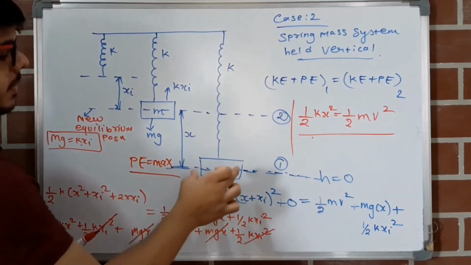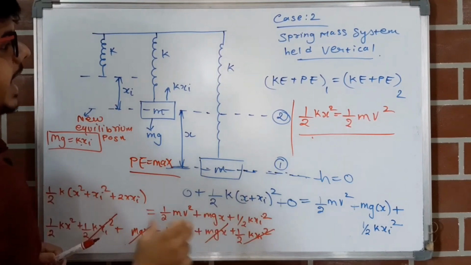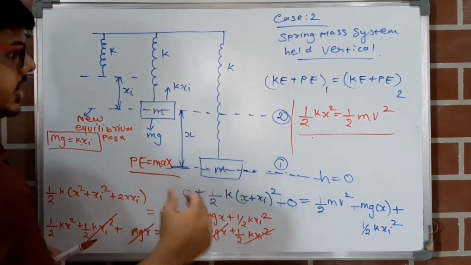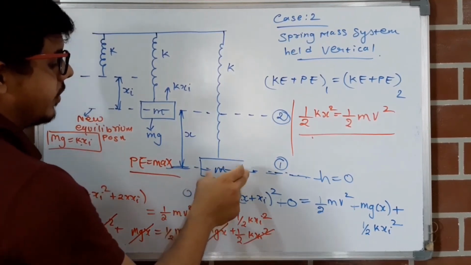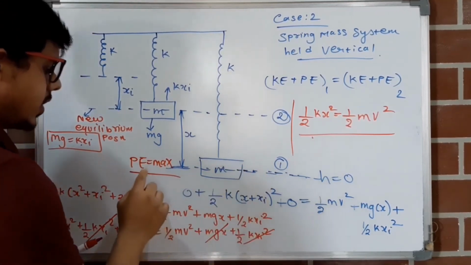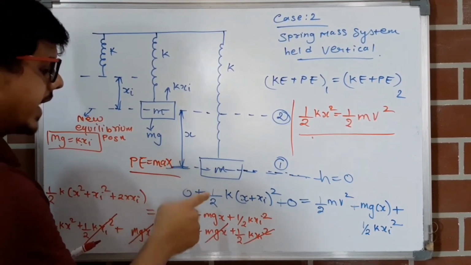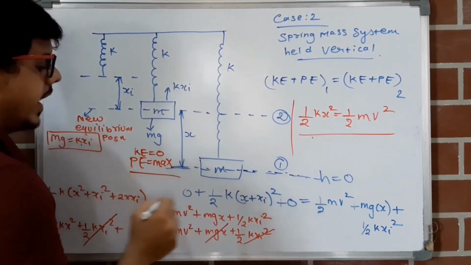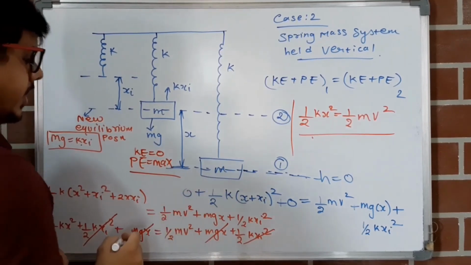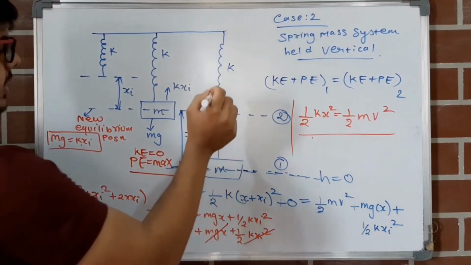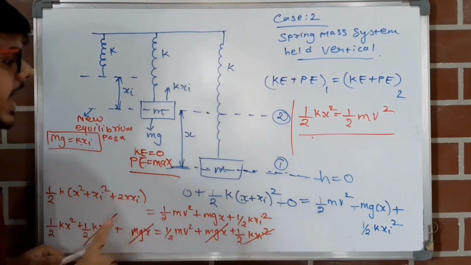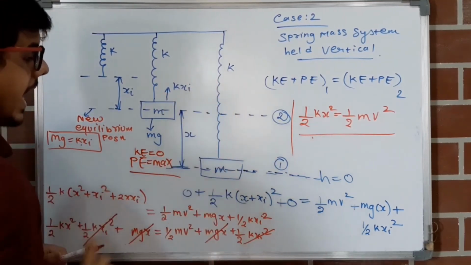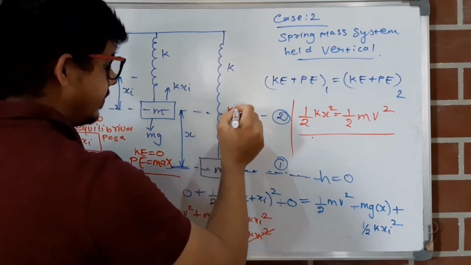And we know that when the mass comes to the extreme position, the direction of its velocity changes. As the velocity changes direction, the velocity will become zero at that point. So potential energy will be maximum at the extreme position and kinetic energy will be zero, as velocity is zero at the extreme position. Now as the mass reaches the equilibrium position, the kinetic energy will be what?